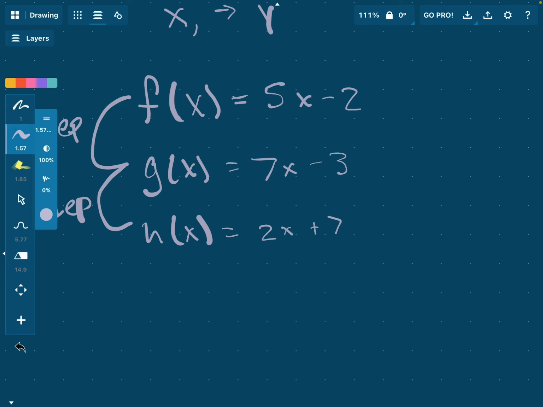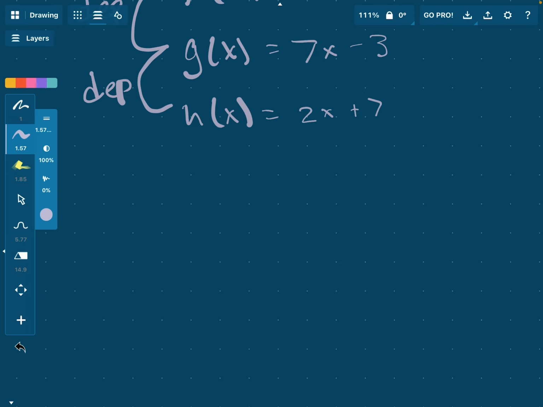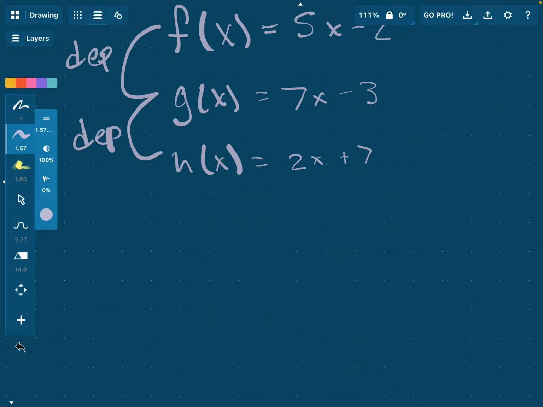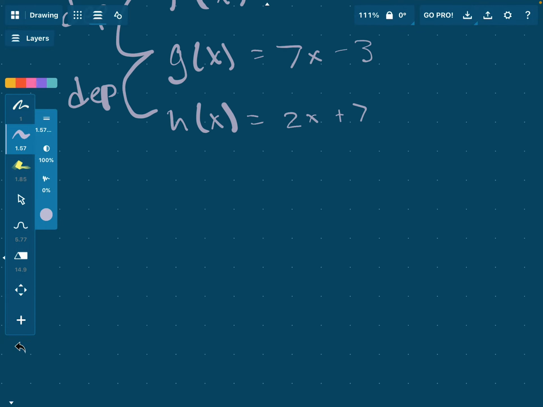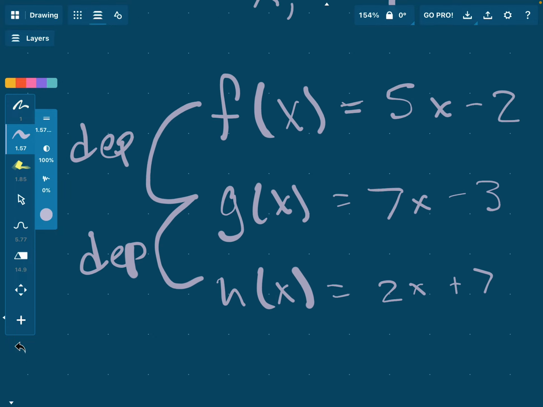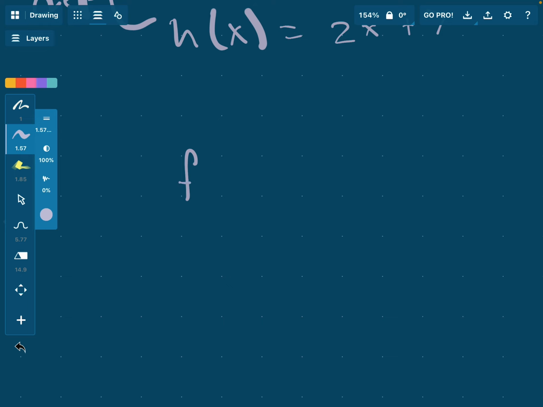So that's kind of why we changed the notation. X is typically always going to be our independent variable, especially in lower classes. Once you get to higher classes, though, you might start seeing a change in notation. So, like I said earlier, one of the common things that we use for our independent variable is time. So, instead of f of x, you might see f of t, where we use t as the variable for time.